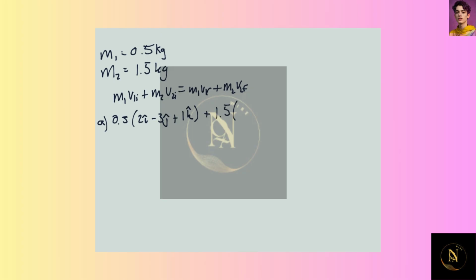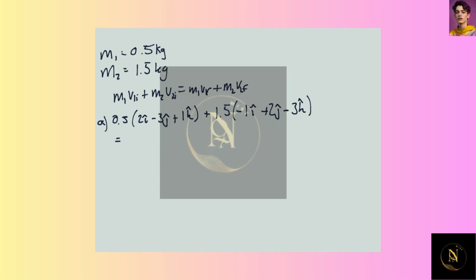The mass of ball 2 is 1.5, and the initial velocity of that is negative 1i plus 2j minus 3k. So that's our initial momenta of each ball, and this is going to equal the final momenta of each ball.